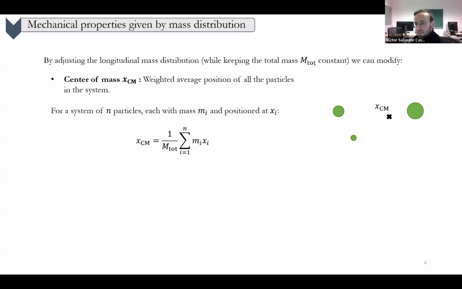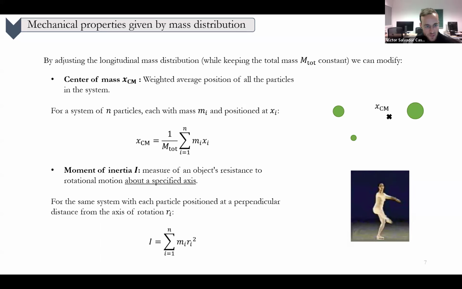But there is also, as Pan was saying before, the moment of inertia, which is a measure of an object's resistance to a rotational motion about a specific axis.